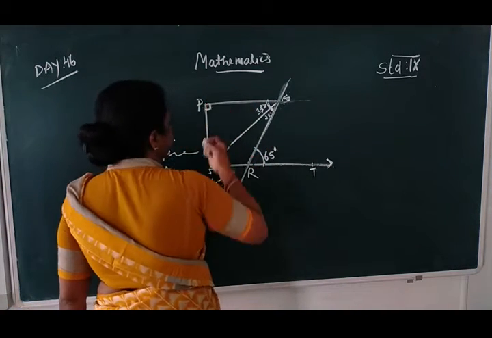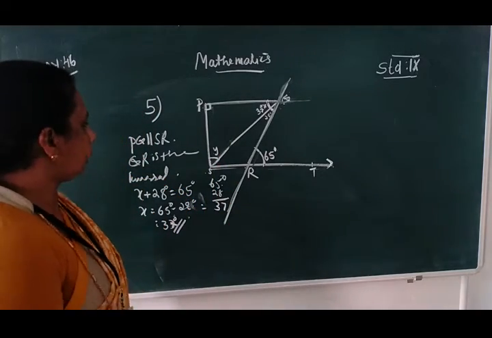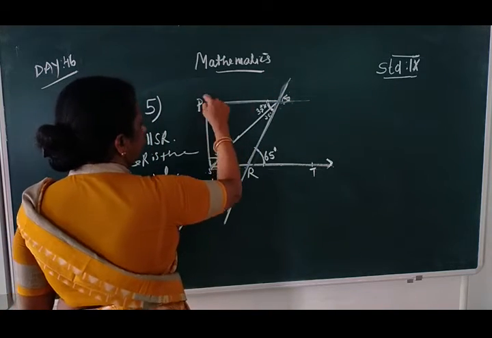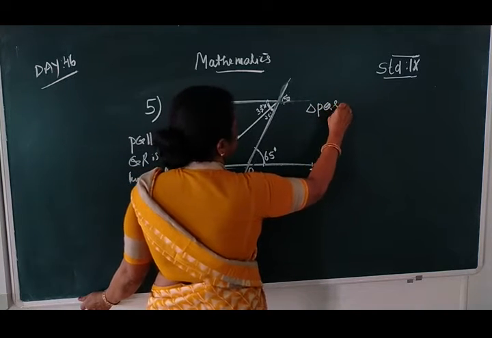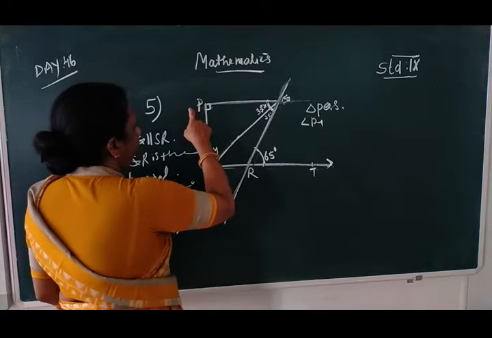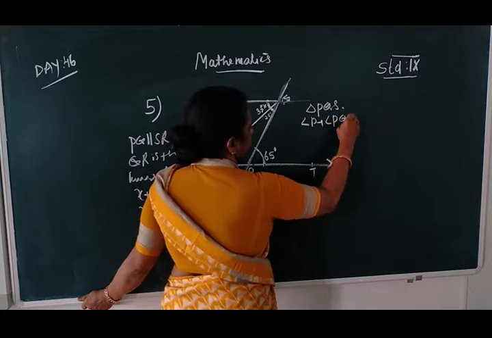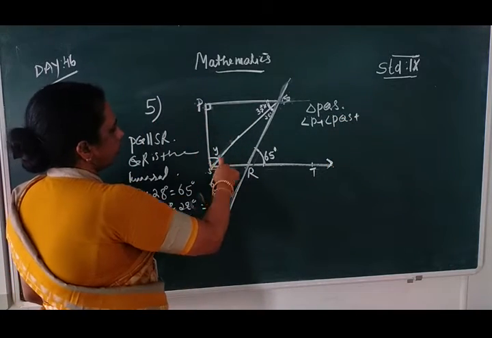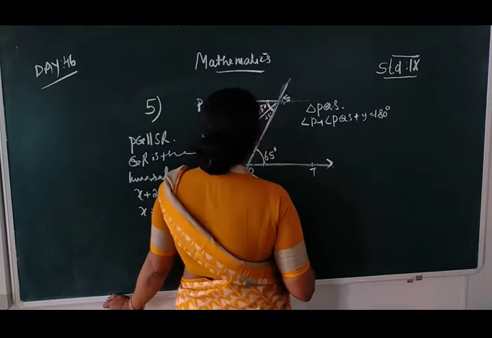This is 90 degrees. Then find out what, using which property? Using the angle sum property, in triangle PQS. Angle P plus angle PQS plus angle PSQ, that is angle Y, is equal to 180 degrees.